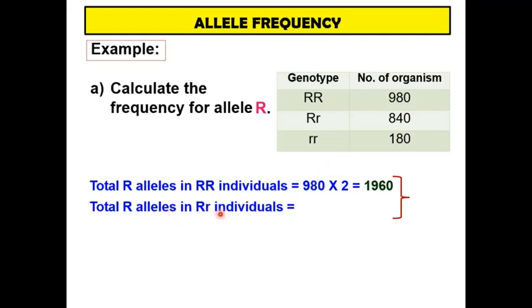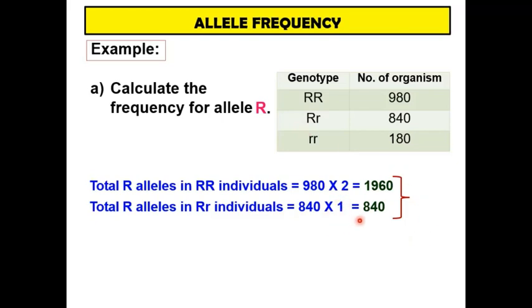Then the total number of dominant alleles in heterozygous individuals is 840, multiplied by 1, because in heterozygous individuals we only have one capital letter R, or dominant allele R. No need to multiply by 2.